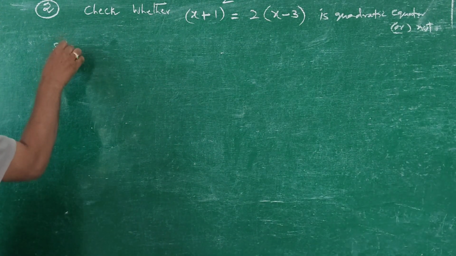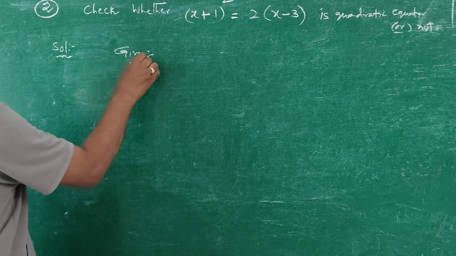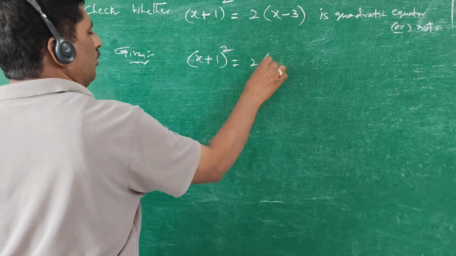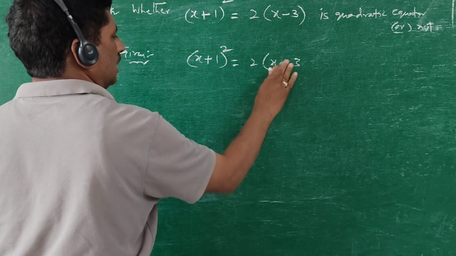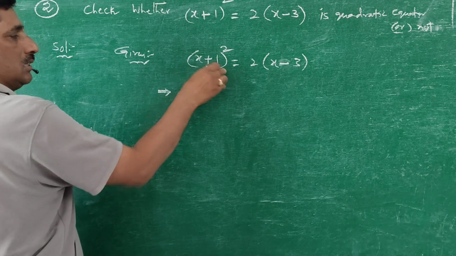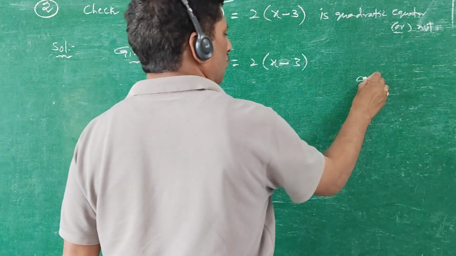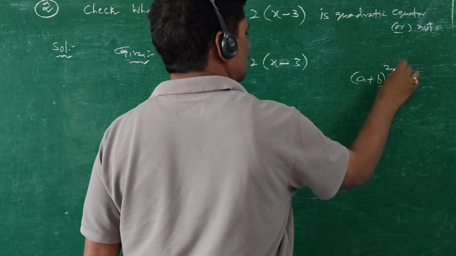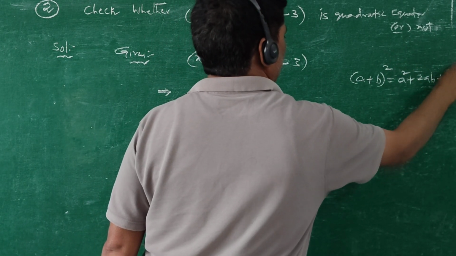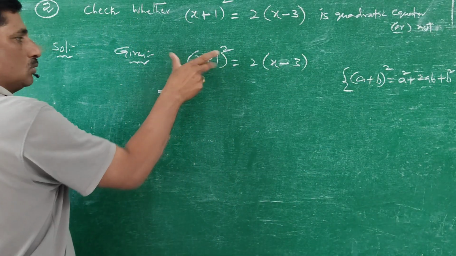Solution, we have to simplify this. First we write the given equation: x plus 1 whole square equals 2 into x minus 3. Then I have to expand this. a plus b whole square equals a square plus 2ab plus b square is the formula which we use to expand this.